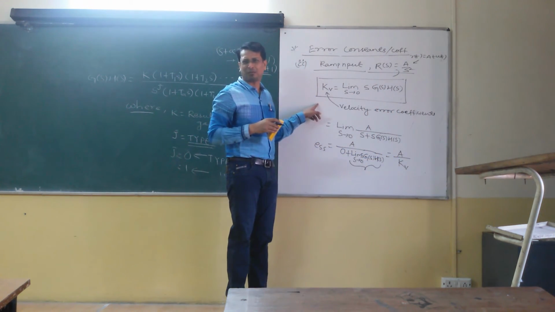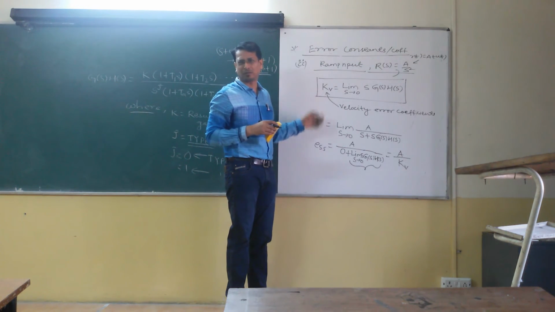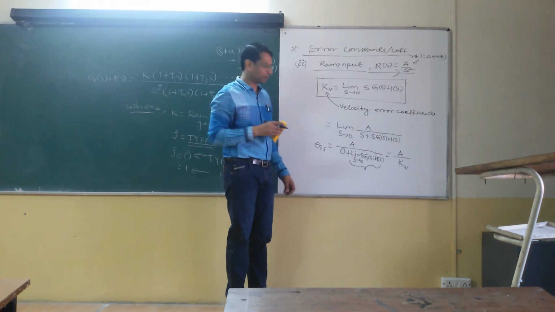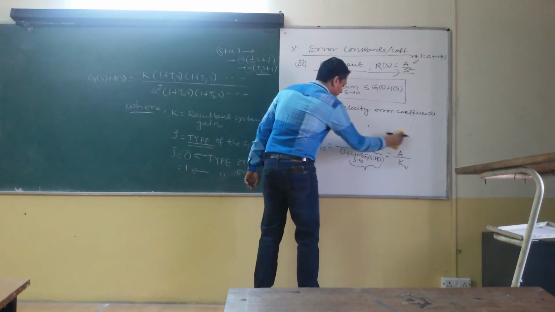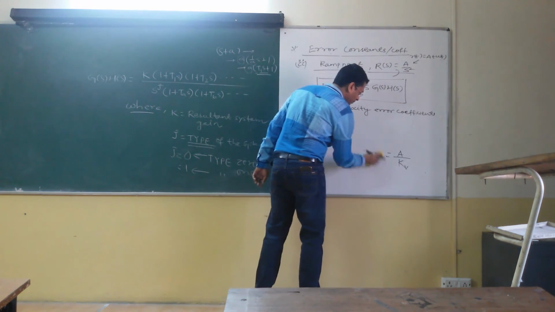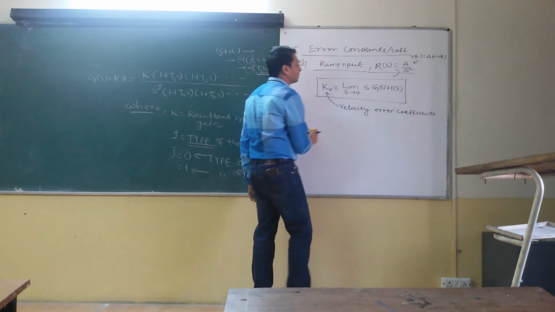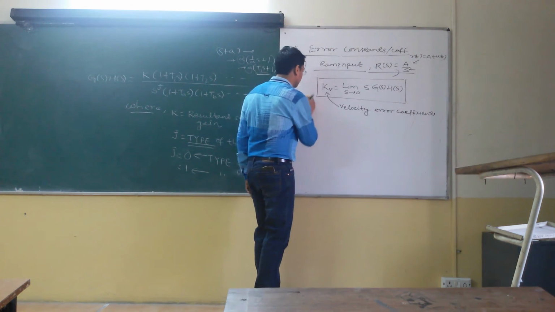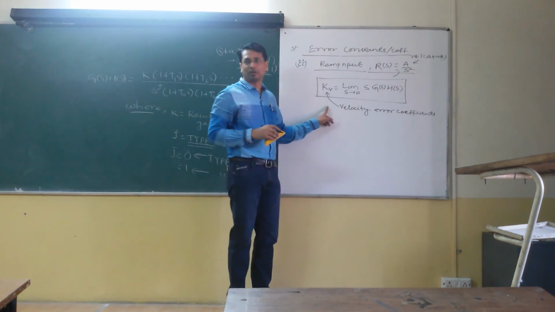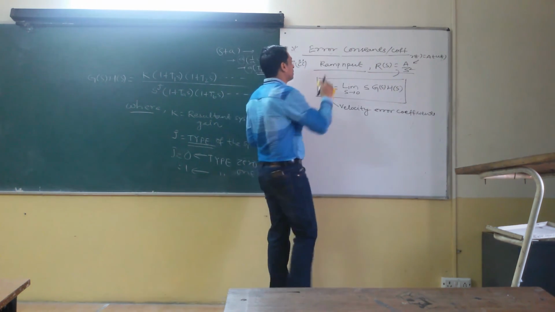Correct? I don't think there should be any confusion. All these terms are direct. This is your velocity error coefficient.